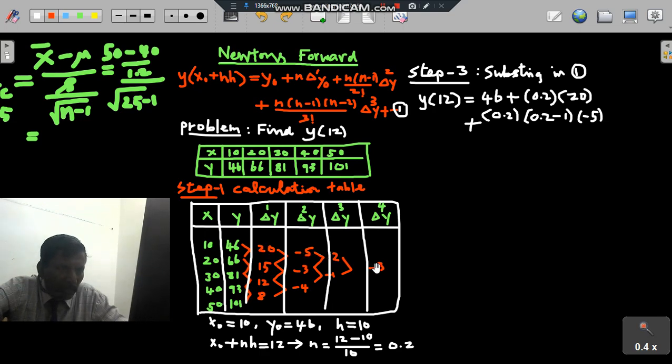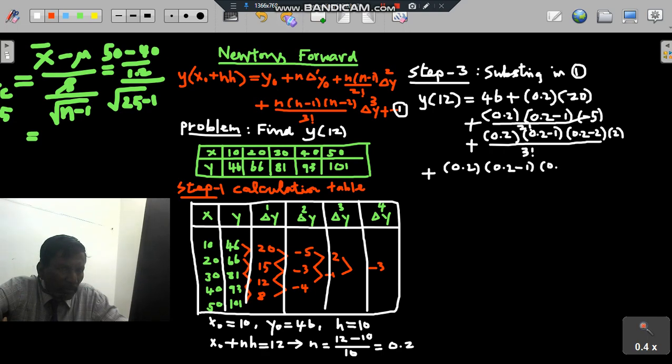This line is the y naught difference, so you substitute that, and you should not take other differences. Next step: plus 0.2 into 0.2 minus 1 into the third difference divided by factorial 3, plus the last term: n, 0.2, then n minus 1, 0.2 minus 1, 0.2 minus 2, and 0.2 minus 3, into the fourth difference, which is minus 3, divided by factorial 4.